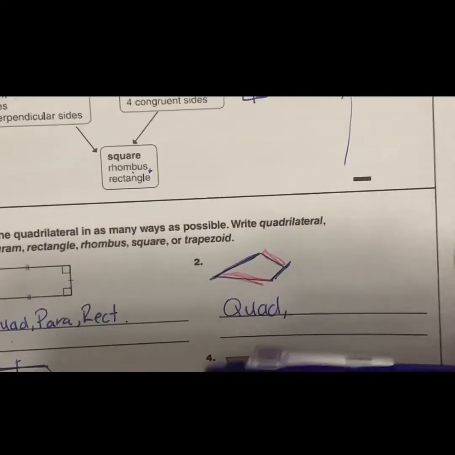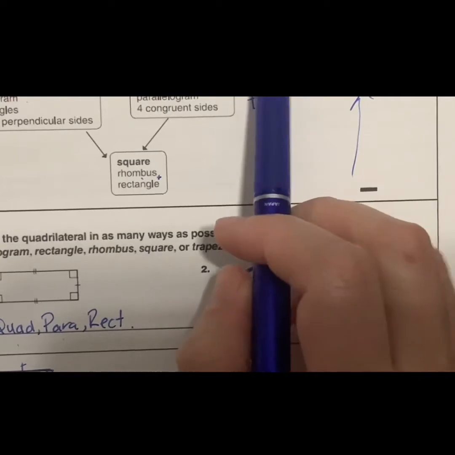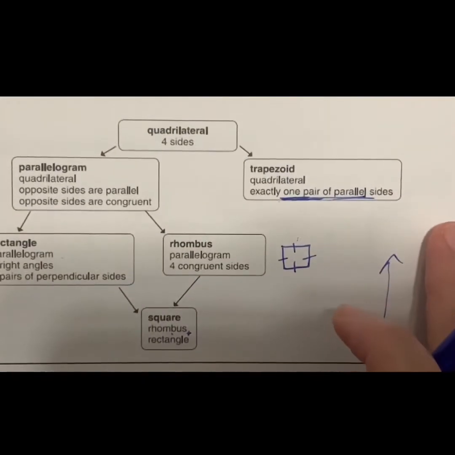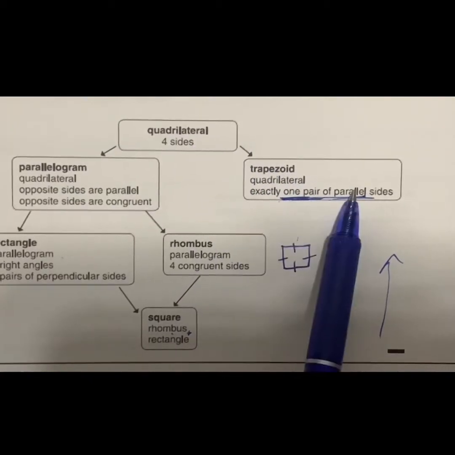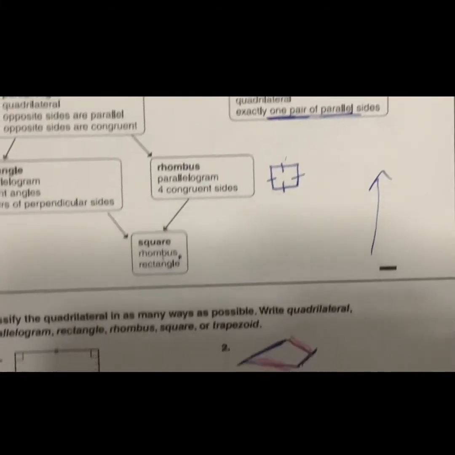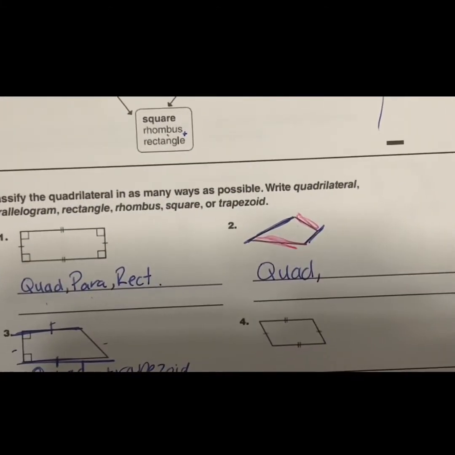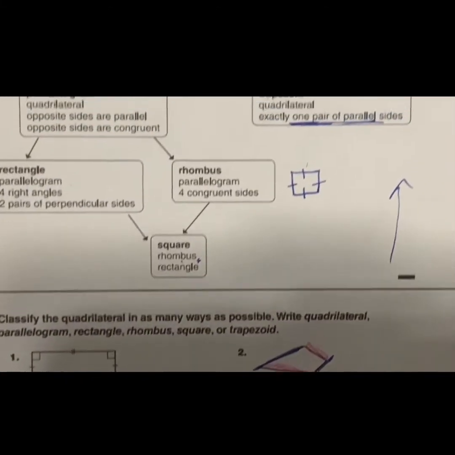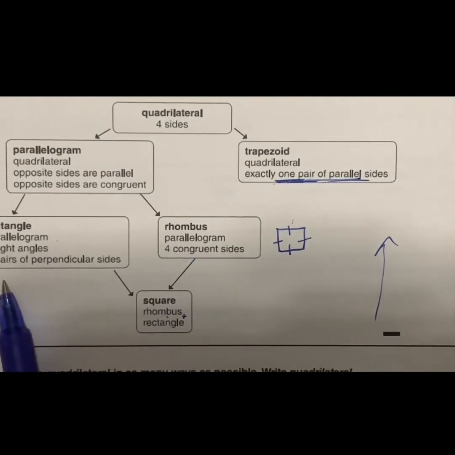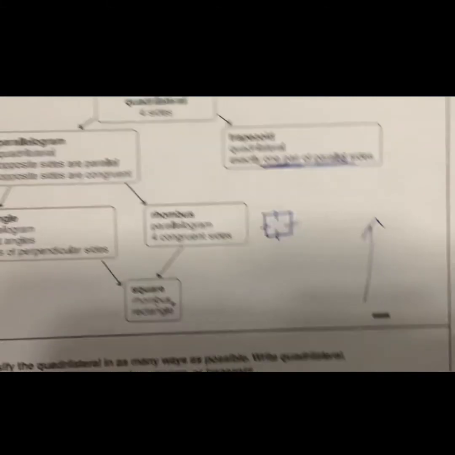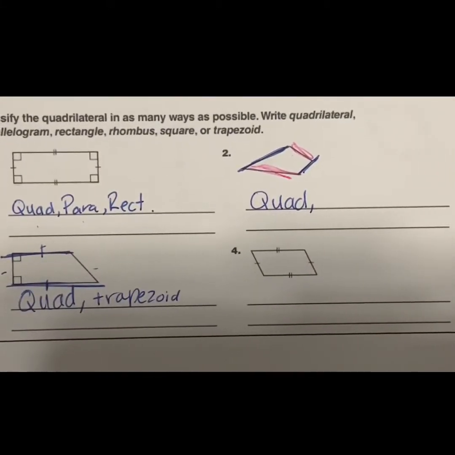Now, it is nothing else, because if you see here, there's nothing else after the trapezoid. Remember, if it was a parallelogram, it could be a rectangle, it could be a rhombus, it could be a square, depending on other characteristics. So for number 3, it is just a quadrilateral and a trapezoid.